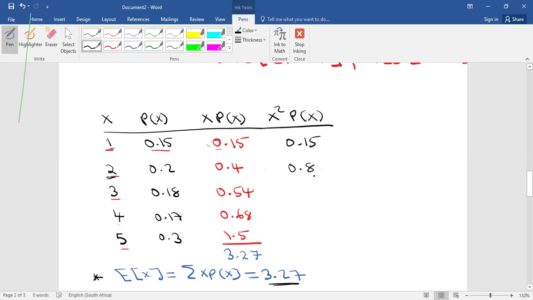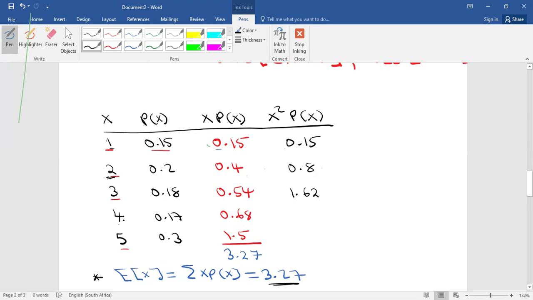You square 3, then multiply with 0.18. So 3 squared is 9. So 9 times 0.18, what are you getting, guys? 1.62, thank you.